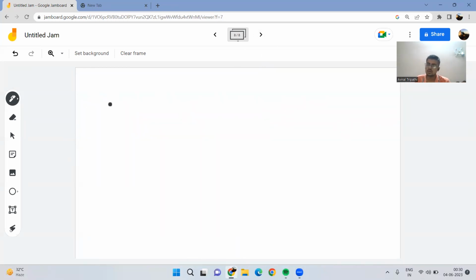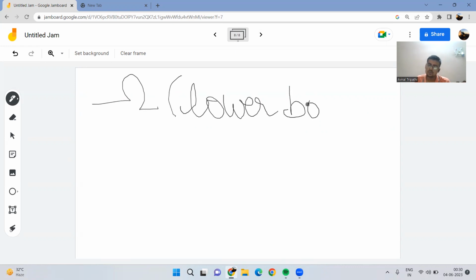So now coming to our next notation, that is omega. Omega denotes lower bound. What it denotes? It denotes the lower bound of a function. Now its definition is very simple.